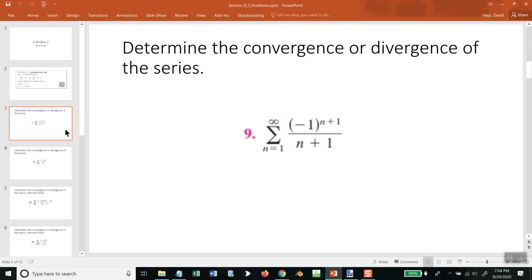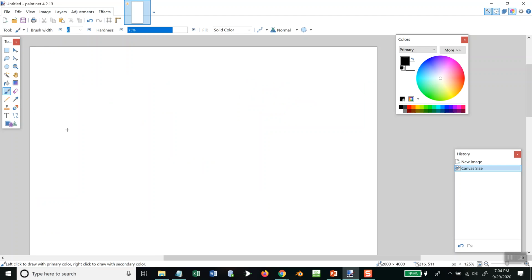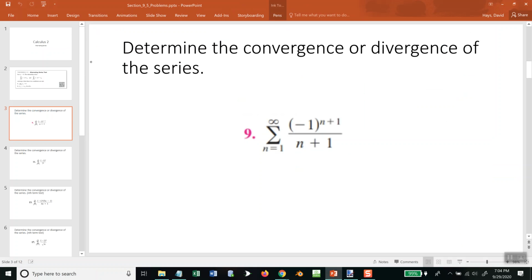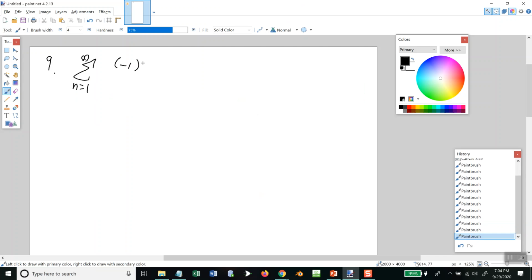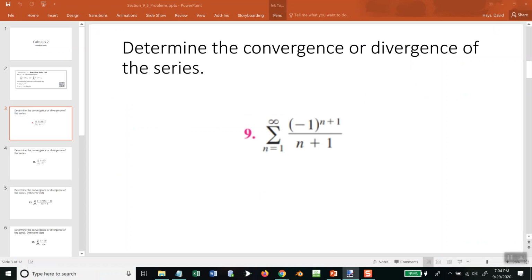Okay, so let's take a look at this problem. The summation from n equals 1 to infinity of -1 to the n plus 1 over n plus 1. The instructions say determine the convergence or divergence of the series.